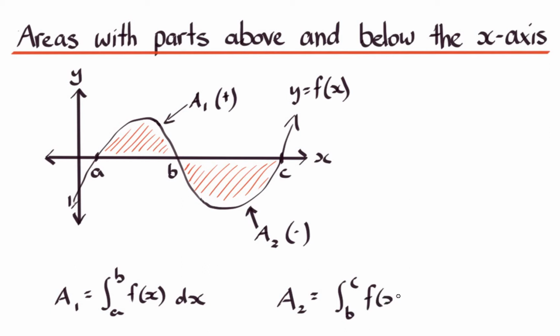But because we now know that this will be a negative integral value, we would have to take the absolute value of that. Then we could say that the total area is simply area 1 plus area 2. So this is the approach that we are going to take for some examples that we'll do now.